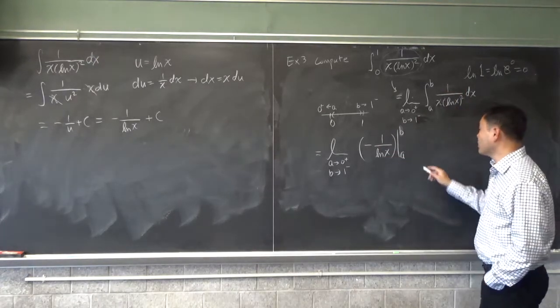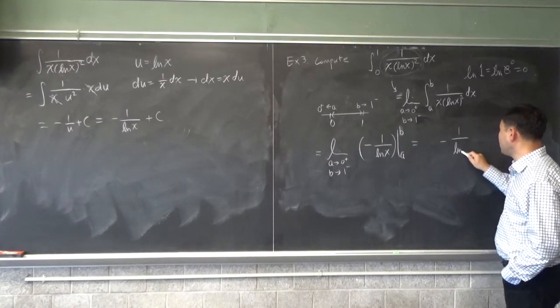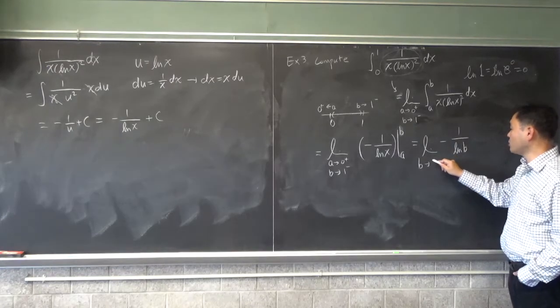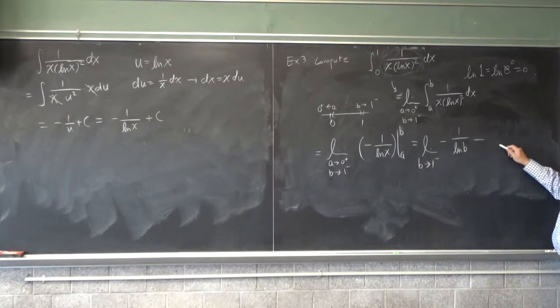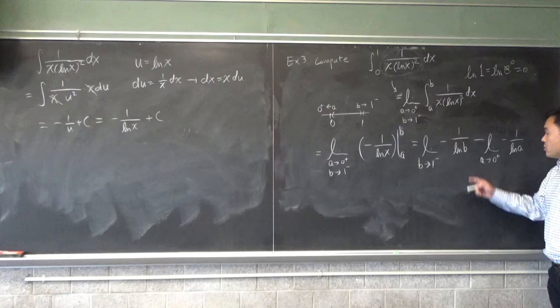Now you plug in b, you get negative 1 over ln of b, limit b going to 1 minus, minus negative 1 over ln of a, but then a has to be sent to 0 plus. So that's a bit better. Okay, now let's do this one first.